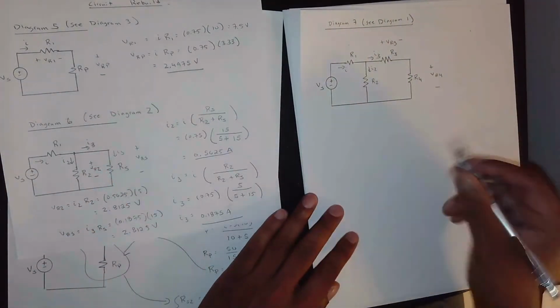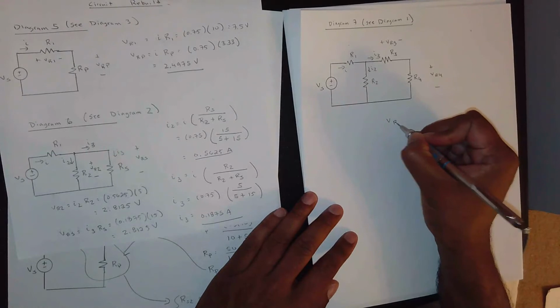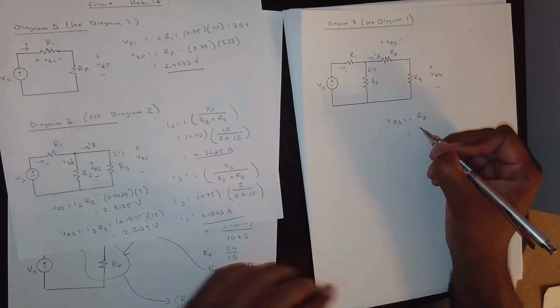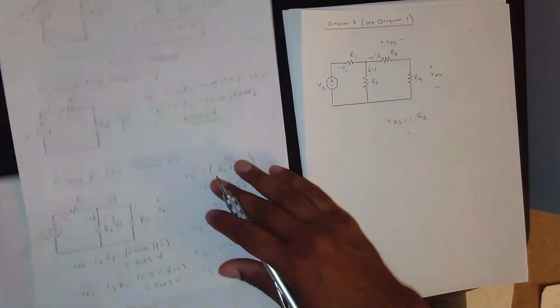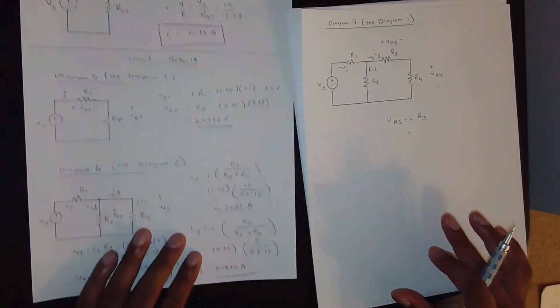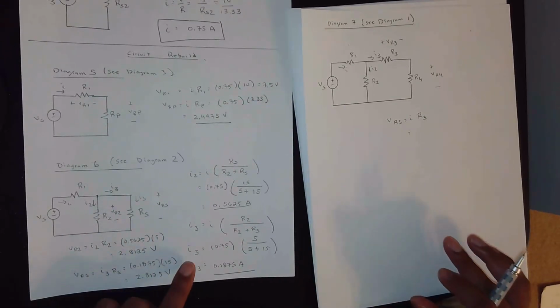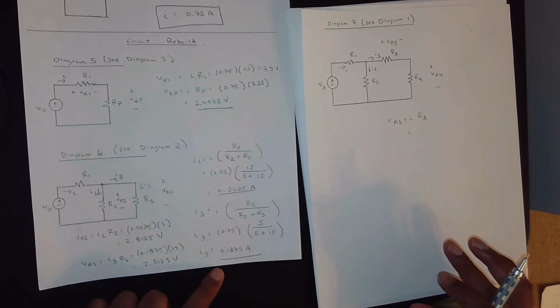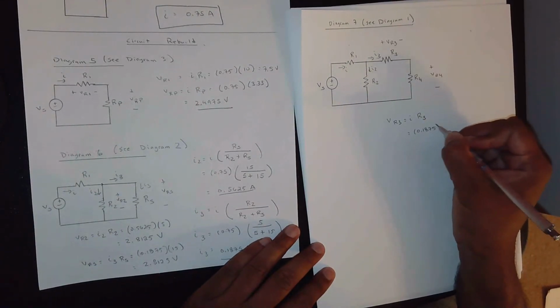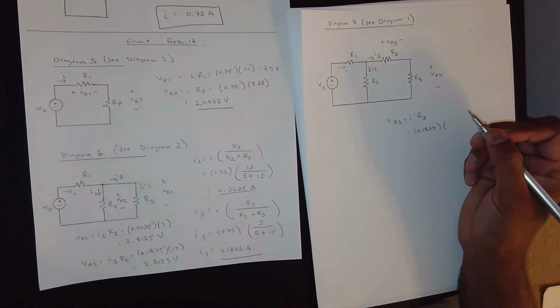All right, so what do I say my VR3 is? IR3, which is, I get my I value. This is getting a little messy. I'll take this out. This is my page 2, right? So if I find my I3 value, which is 0.1875, which is here. R3 value is what?